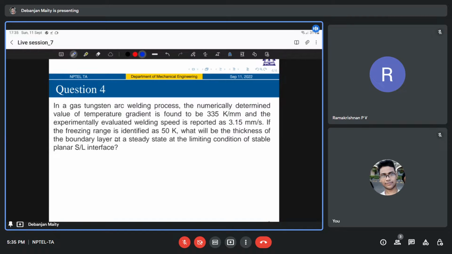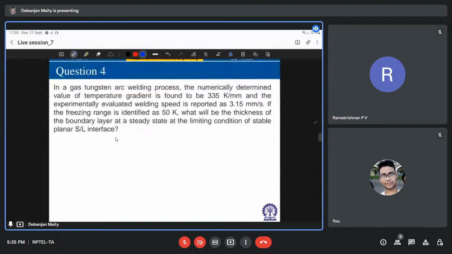So what we need to find out is the thickness of the boundary layer at a steady state at the limiting condition of stable planar solid liquid interface. The concept is the same here.